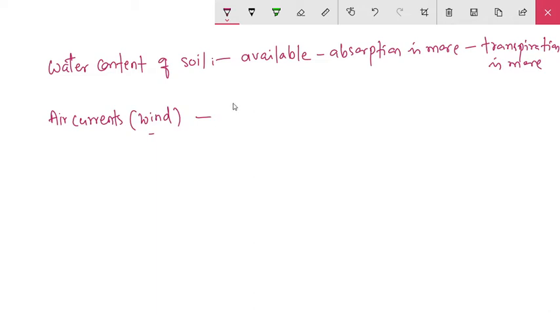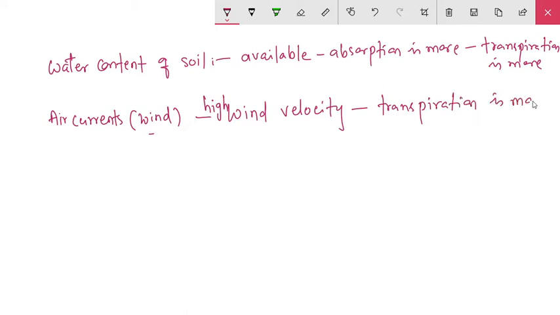When the humidity decreases, the rate of transpiration increases. So we can say that at high wind velocity, the rate of transpiration is more. But where there is a low wind velocity, the rate of transpiration is also less or moderate.